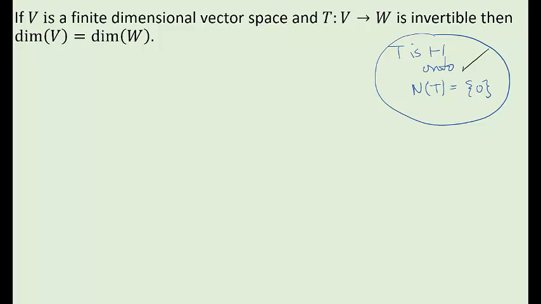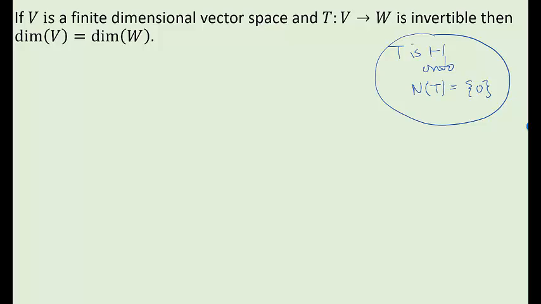And this is an important result. If V is a finite dimensional vector space and T mapping V to W, a linear transformation, is invertible, then the dimension of V is equal to the dimension of W. And I've written over here some things to keep in mind as we do this short proof: that T is one-to-one, it's onto, its nullity is 0.